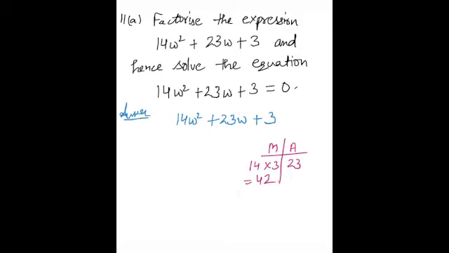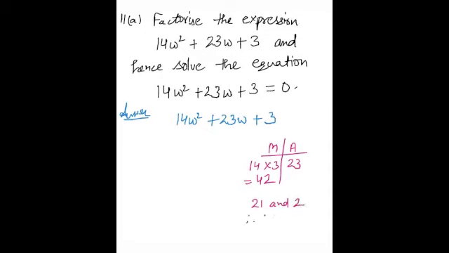So we need two factors which when we multiply gives us 42, and when we add gives us 23, and in this case we need to use 21 and 2.